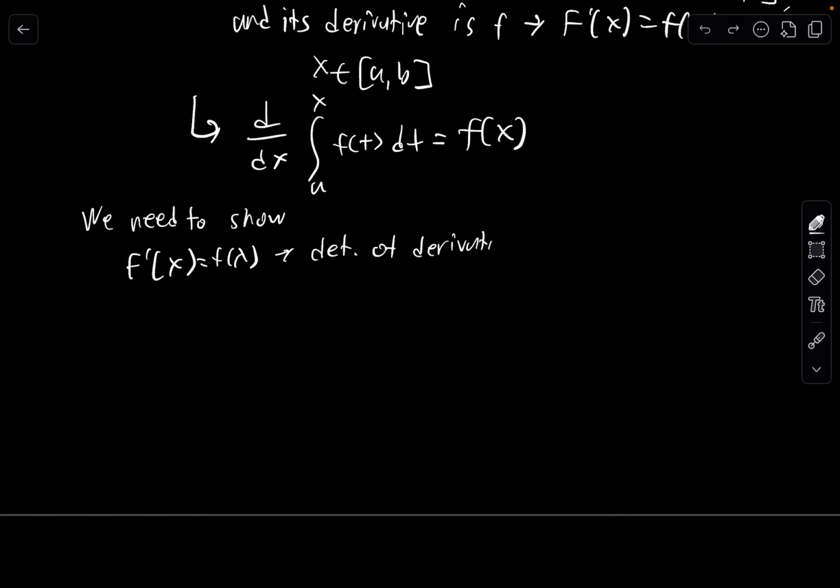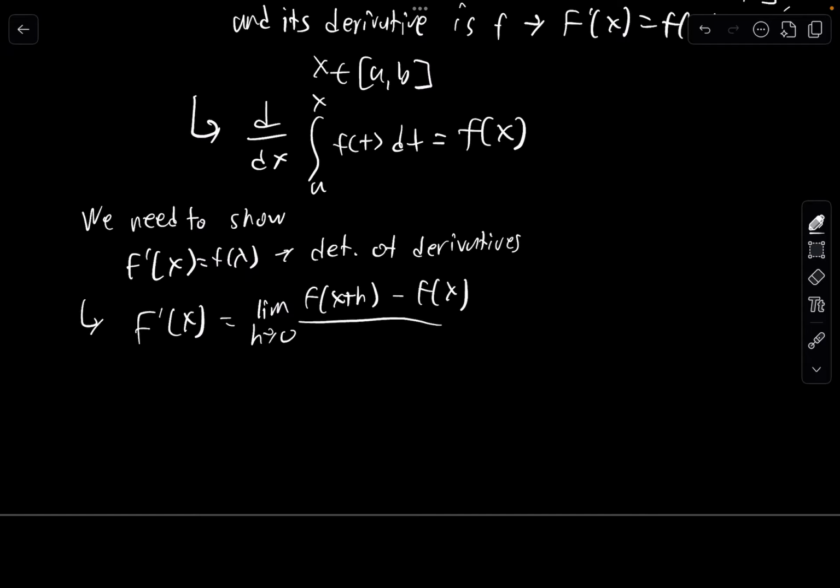So, cap F prime of x is equal to the limit as h approaches 0 of cap F of x plus h minus cap F of x all over h.